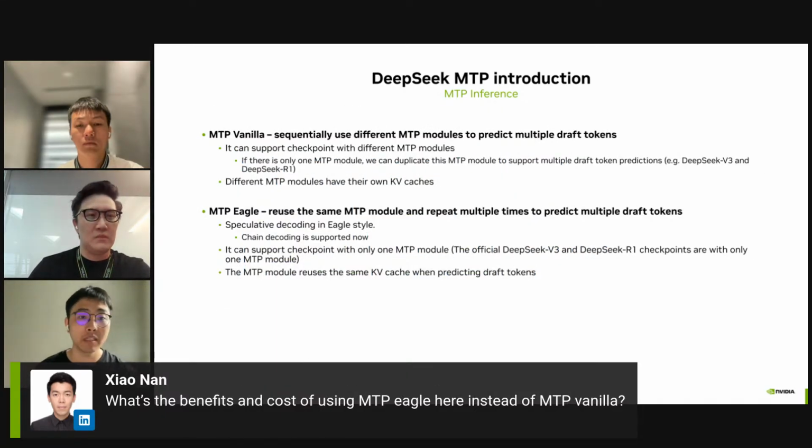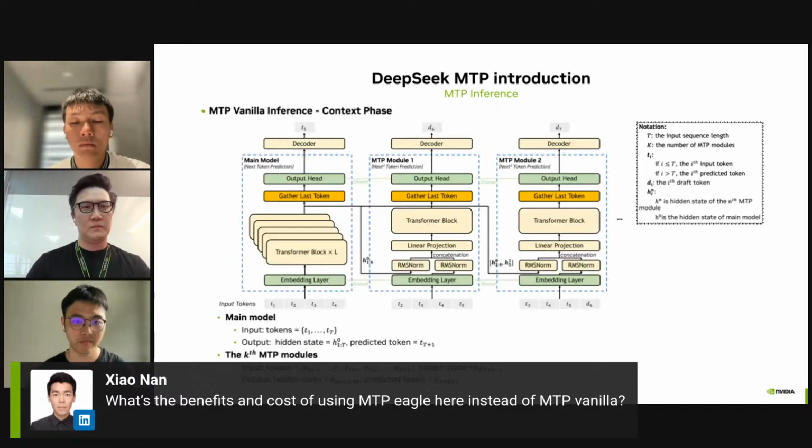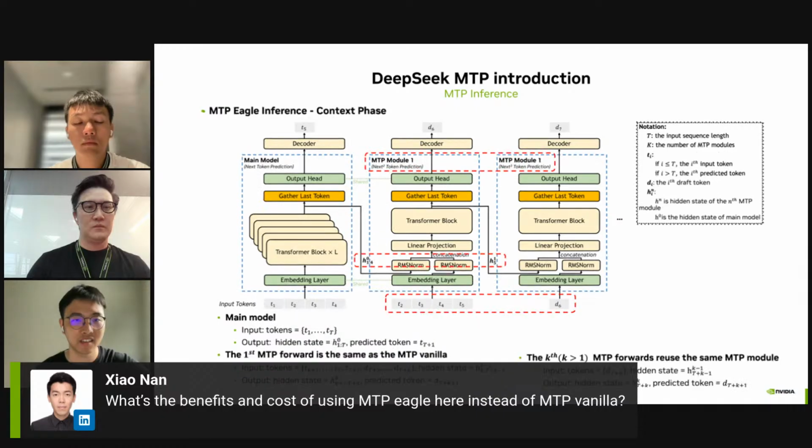With MTP Eagle, we don't need to duplicate the MTP modules, and it can save GPU memory consumption, since we only use one MTP module. And another benefit we will talk about later. In these two slides, we only talk about vanilla. In the next slide, we will talk about Eagle. So there are some differences. We can talk about it later.